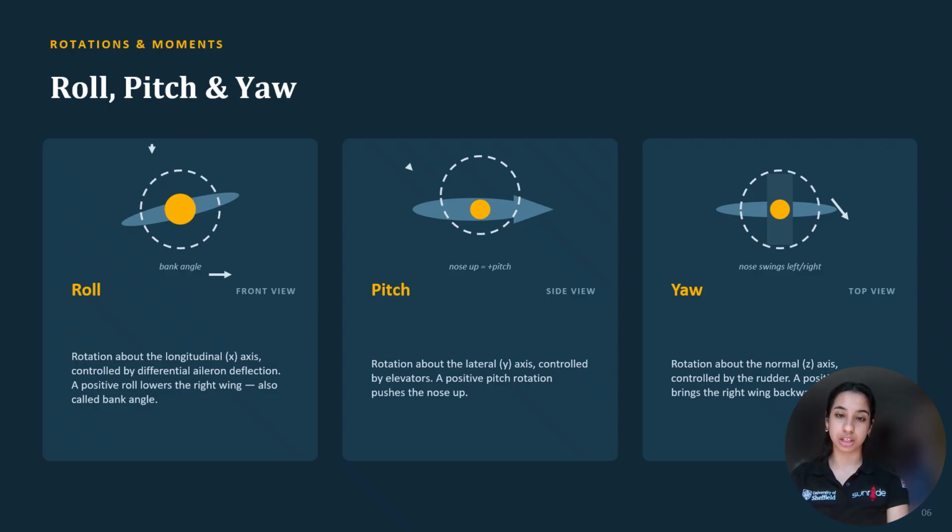A positive pitch rotation pushes the nose up. Then you got the yaw. We talked about x and y, so z is left, and there's no other choice than z. That's how you remember, so use these techniques. Yaw is controlled by the rudder. So roll, aileron; pitch, elevator, because it elevates up and down; and yaw is the rudder.